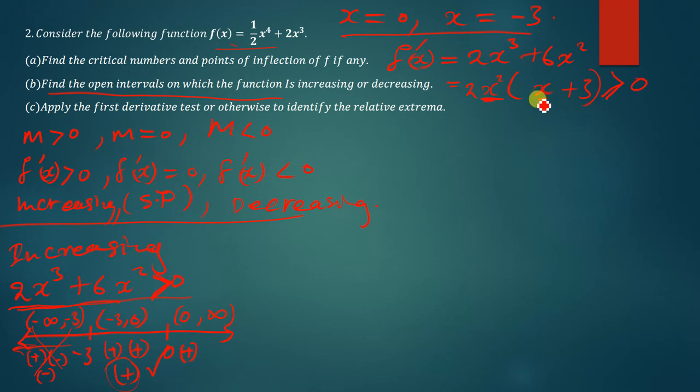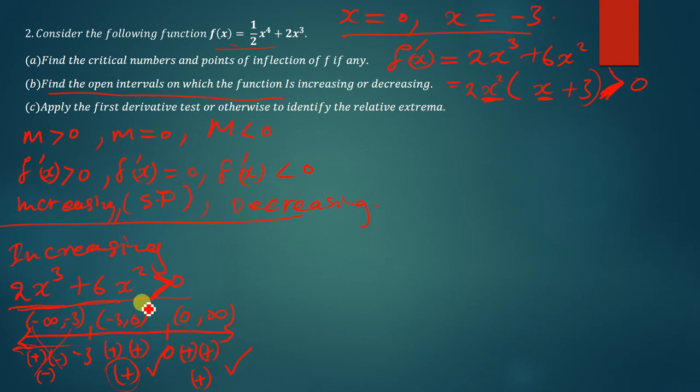And then you put a positive 1 there. 1 plus 3, the answer will be 4, which is also positive. So positive times positive, the answer is positive. So is a positive number greater than 0? The answer is yes. So even in this other region, we have discovered that the function is increasing.